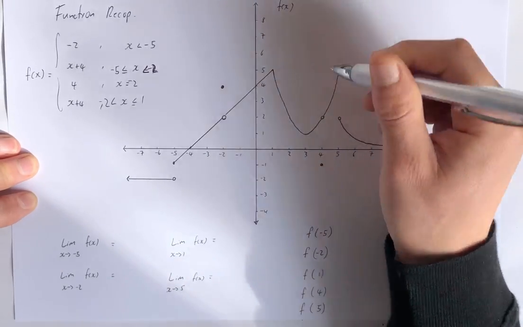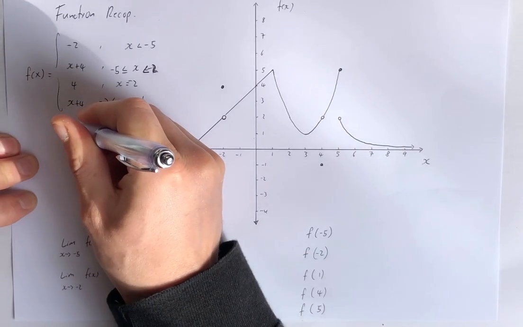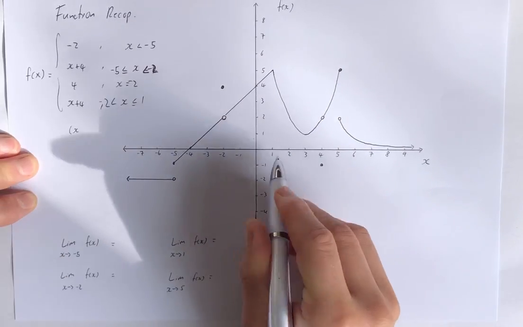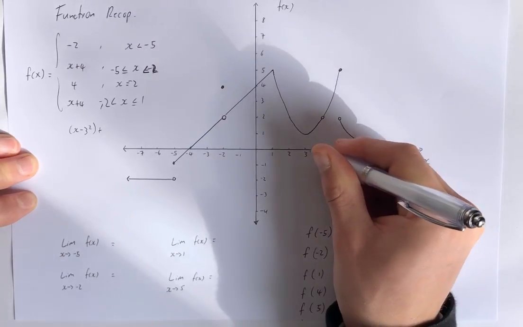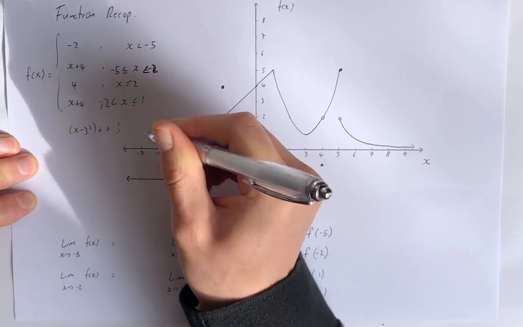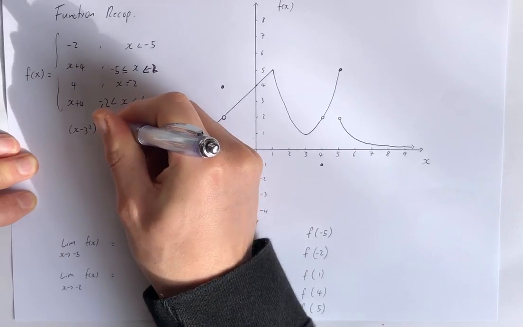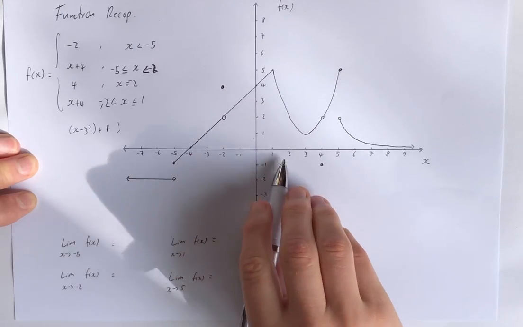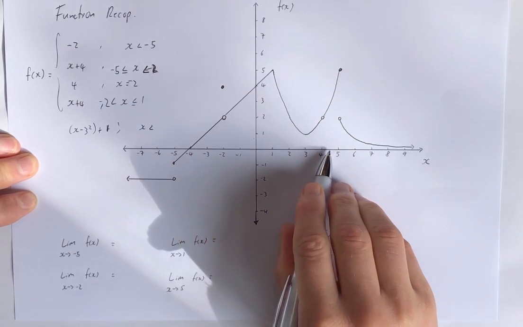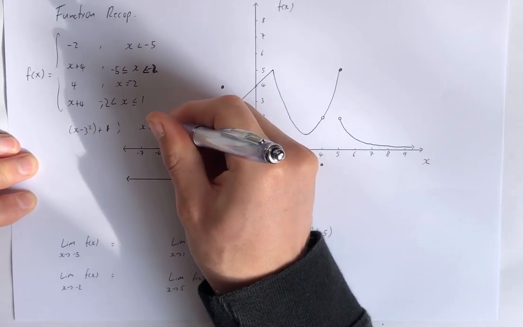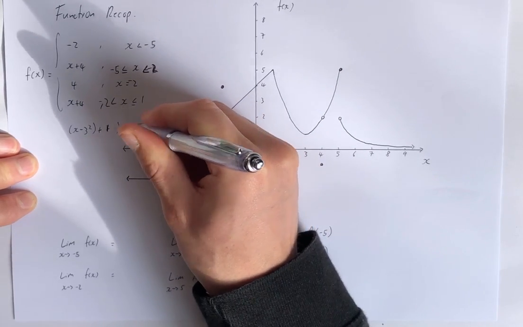And then it's the quadratic. X has been moved across 3, and it's been moved up 1, and it is defined plus 1. It is defined for all the points where x is less than 4 and greater than or equal to 1.